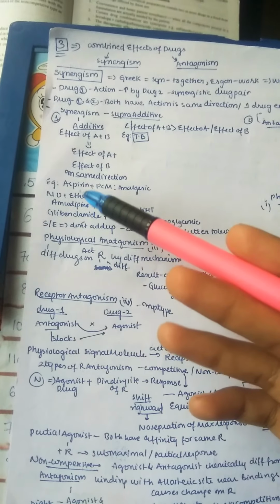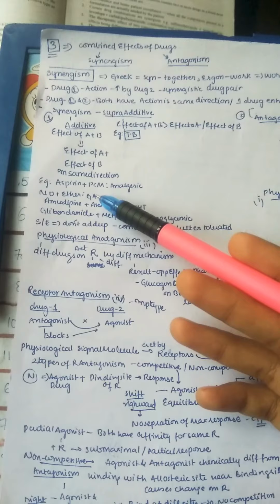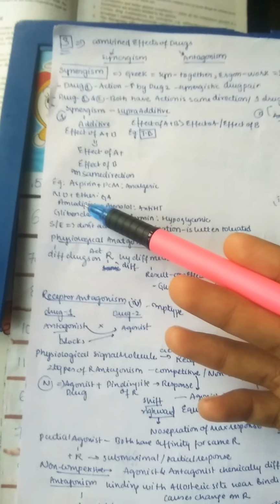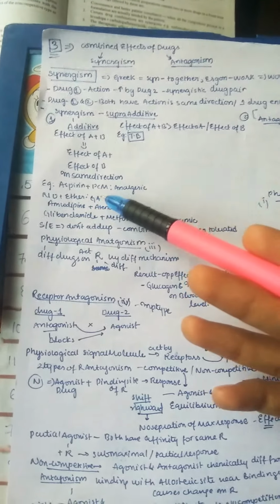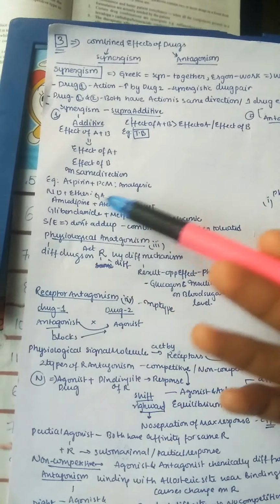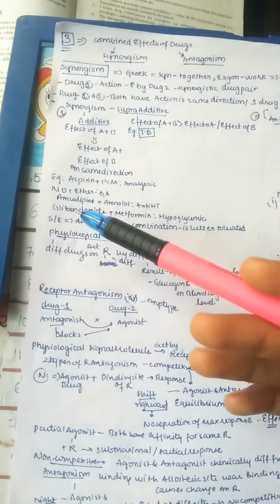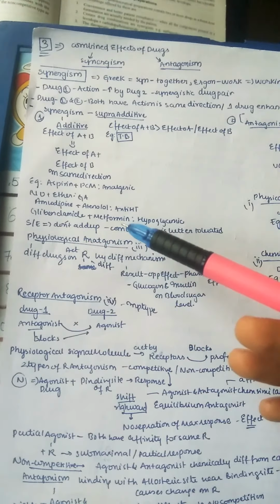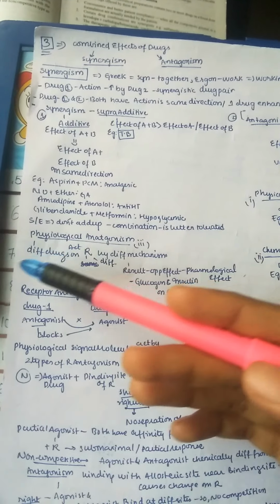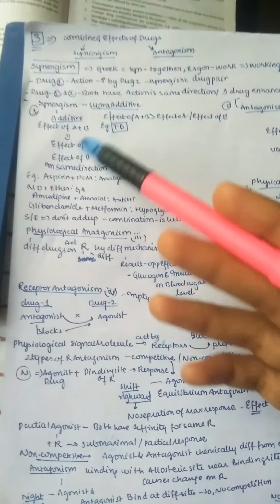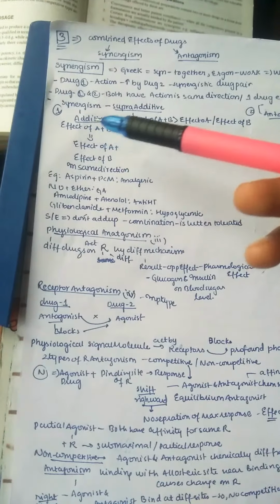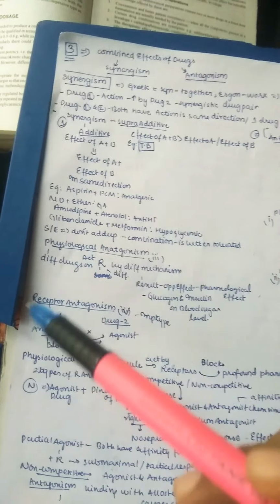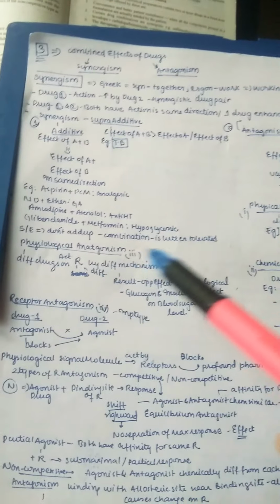For example, aspirin given along with paracetamol acts as an analgesic; nitrous oxide given with ether is used for general anesthesia; amlodipine with atenolol as antihypertensives; glibenclamide and metformin in hyperglycemic conditions. But remember, in the additive type, the effects are added, but the side effects are not added, which makes it a very good combination.